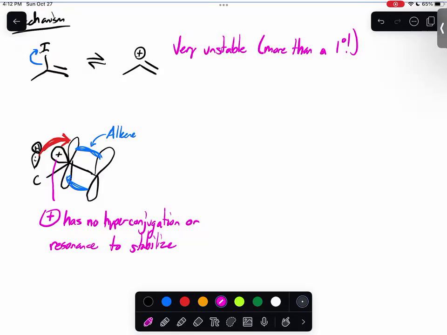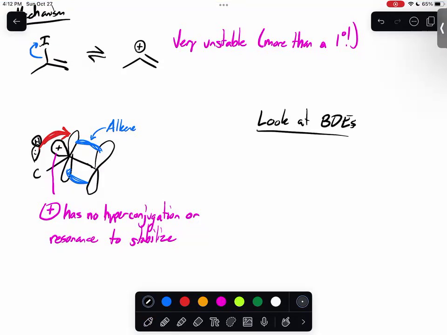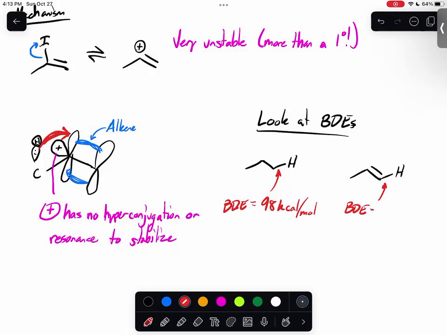So this is even obvious if you look at BDEs, because these define our radical stability. Looking at BDEs, if we were to have something like this primary carbon right here, you would see that this has a BDE of 98 kilocalories per mole, versus if you have the same thing, but now it's an sp2 hybridized carbon, this BDE would be 111 kilocalories per mole.